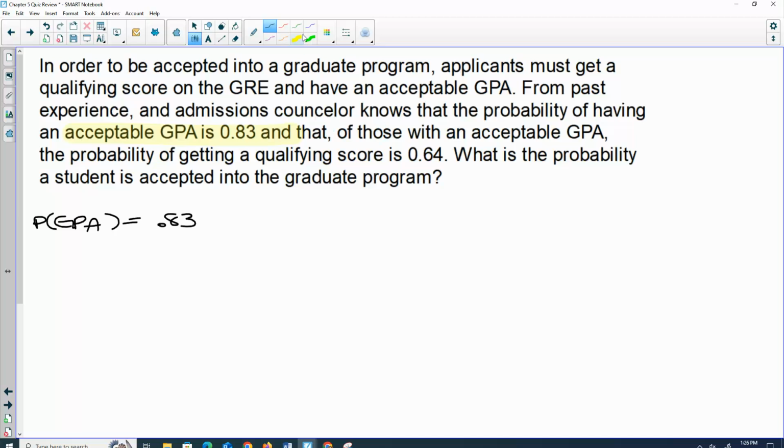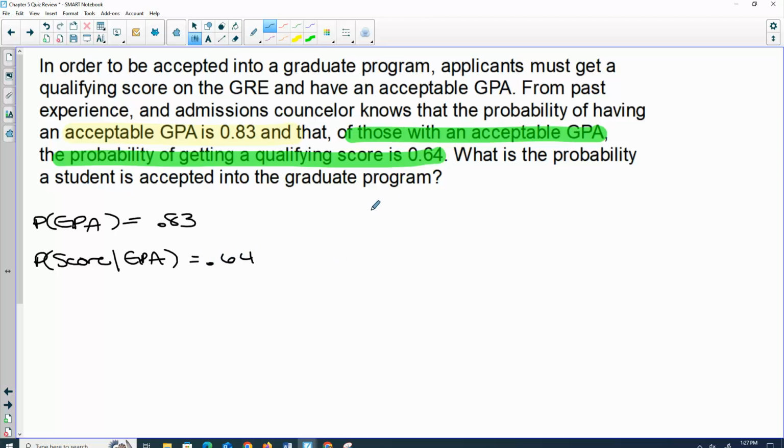And that of those with an acceptable GPA, the probability of getting an acceptable score is 0.64. So the probability that they have the score, given that they already met the GPA requirement, is 0.64.